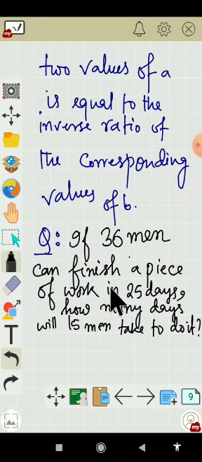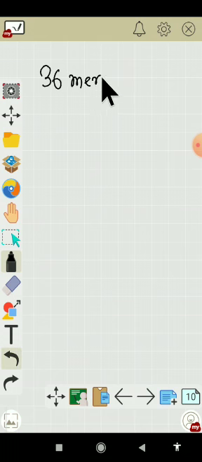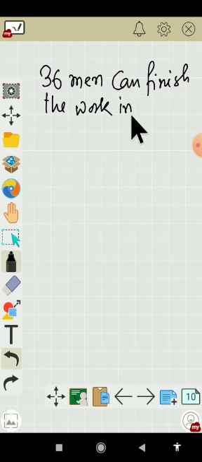So here I have taken one question regarding inverse variation. If 36 men can finish a piece of work in 25 days, how many days will 15 men take to do it? So how do you solve? First we will write, 36 men can finish the work in 25 days.